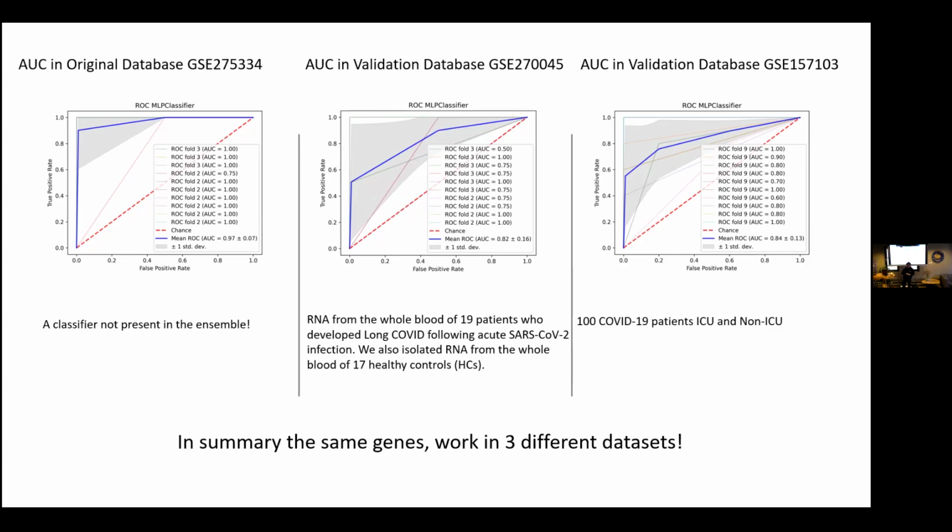Here we call it controls. Controls against long COVID patients. And these 7 genes continue working, in 2 databases that are not the same, not the same lab, not even the same city, which is very good because many of these studies are non-reproducible. One of the things that we try to emphasize is that we can do this. We take these 7 genes, we apply them in 2 other databases, and it works.